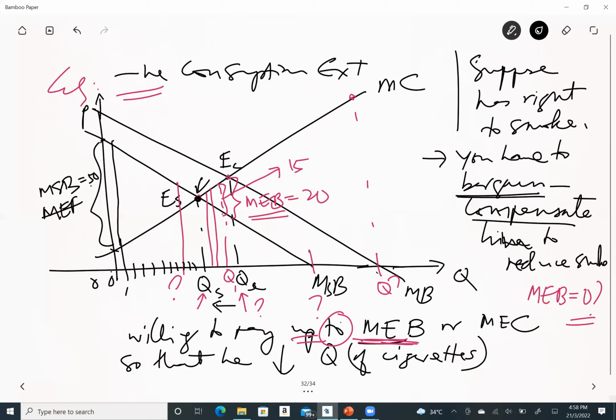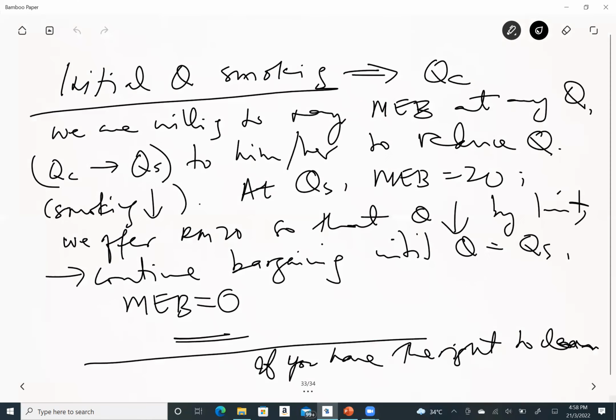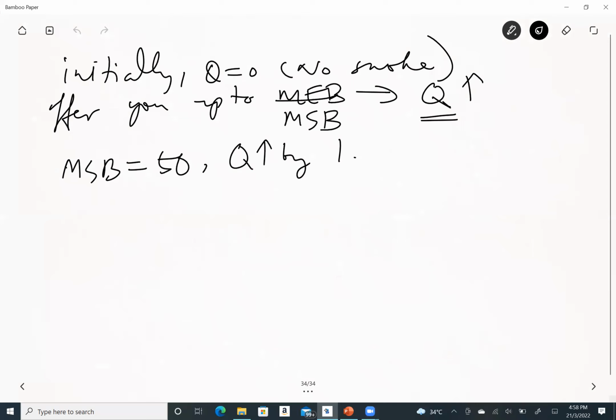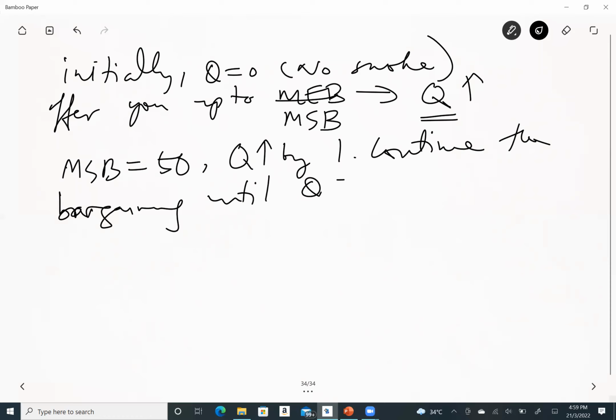So what we say here is this: doesn't matter who has the right to smoke. By doing the bargaining, we will end up with what? Continue the bargaining until Q equal to QS, where MSB equal MC. So there's no more bargaining.